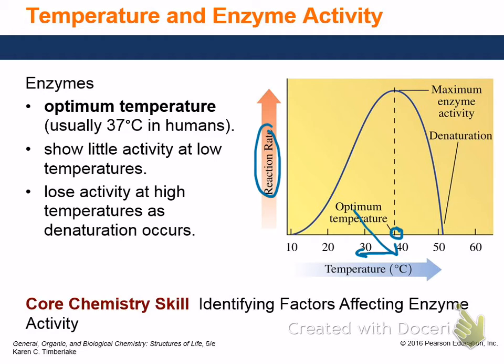Make sense? Now, if you go to temperatures above the optimum temperature, then the enzyme rate begins to slow down, and it does that because the enzyme begins to denature. Remember we talked about proteins and how they're held together by intermolecular forces.